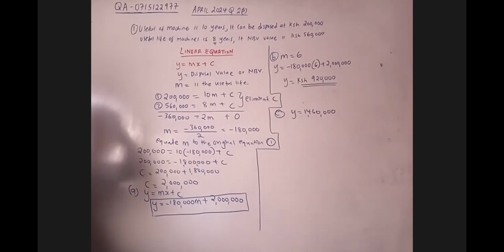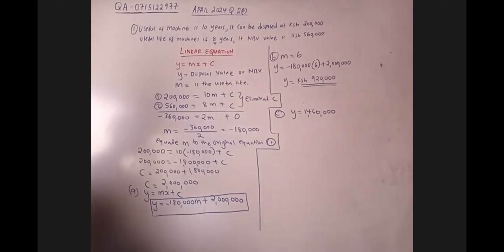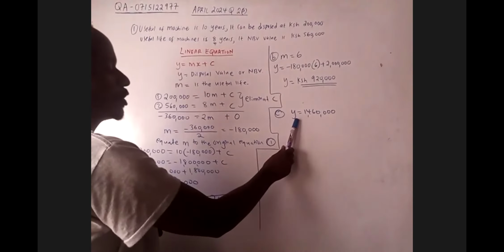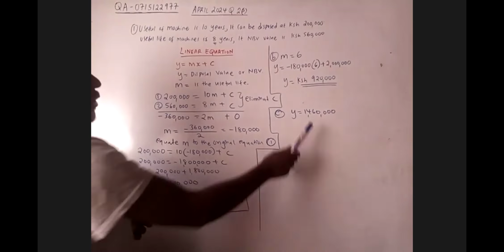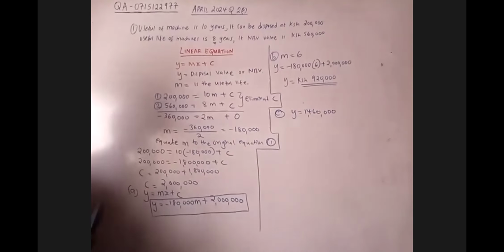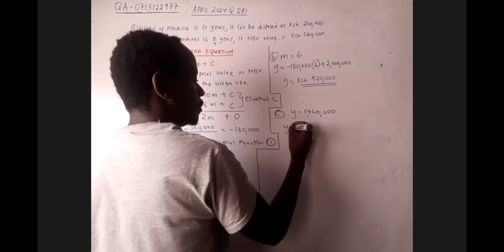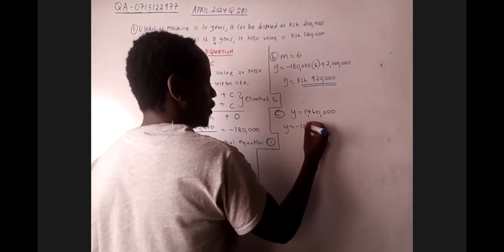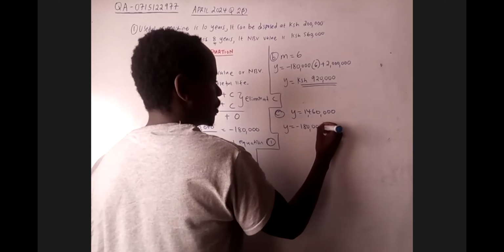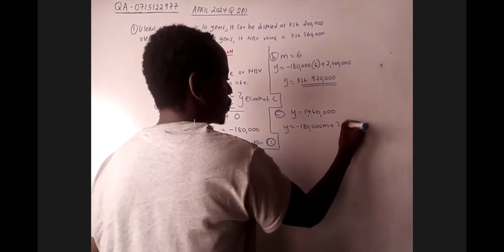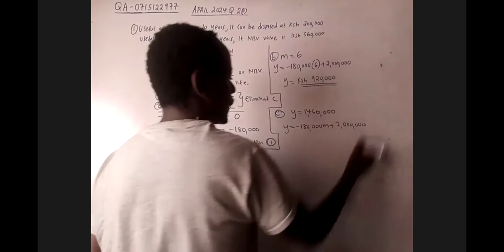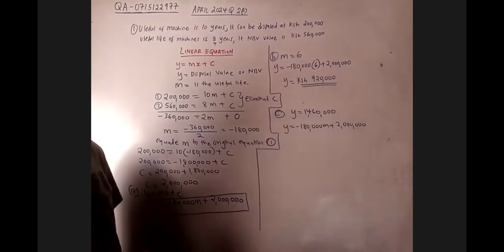When the net book value or disposal value is 1,460,000, find the number of years. So y equals minus 180,000 m plus 2 million. Now we need to find m.